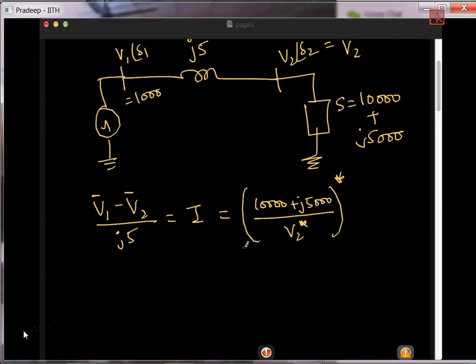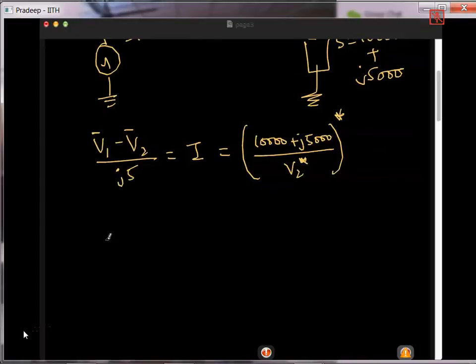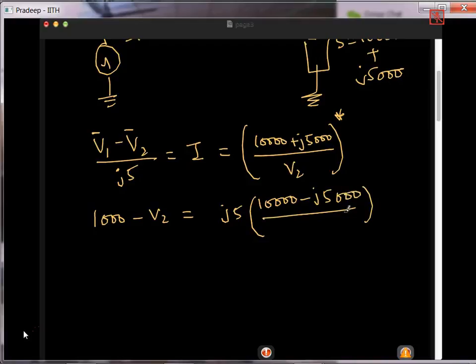From this, V1 I already know the value, V1 is 1000, angle 0 degrees, so I'll just leave it like that, minus V2 is equal to J5 into this. Overall conjugate I have already given, so apply conjugate to the numerator and I get 10,000 minus J5,000 divided by V2 conjugate.